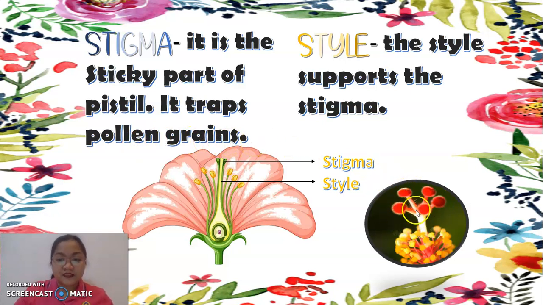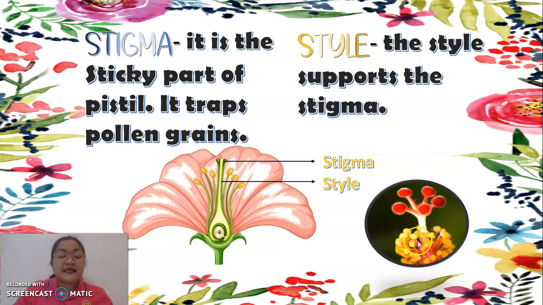Look at this picture, the red one. This is the stigma. It traps pollen grains. Again, the stigma traps the pollen grains. While the style supports the stigma.